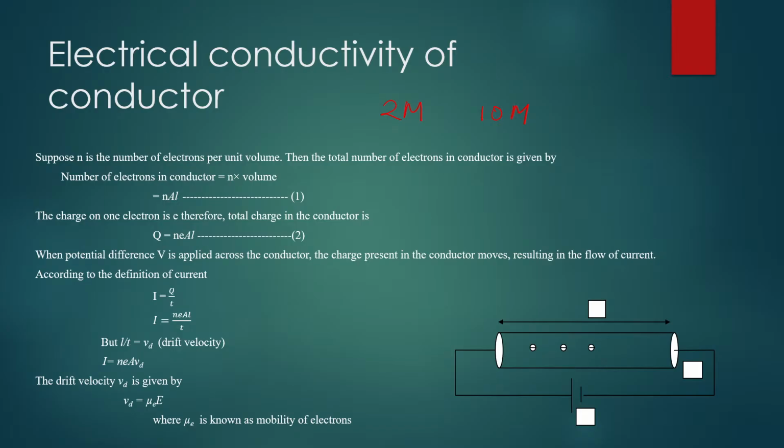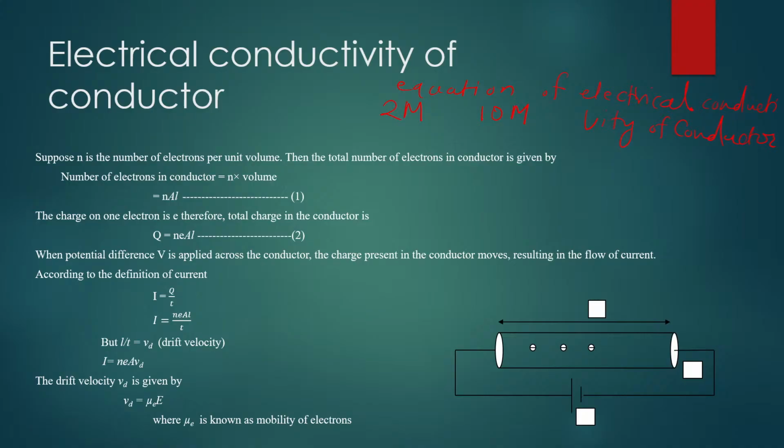The 10-mark question requires writing the whole derivation, and the 2-mark question is the equation of electrical conductivity of conductor. So only 2 questions from this topic will be asked.